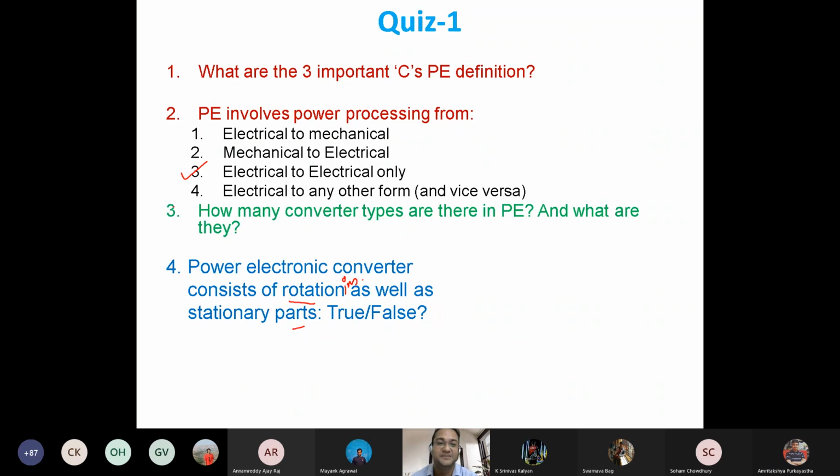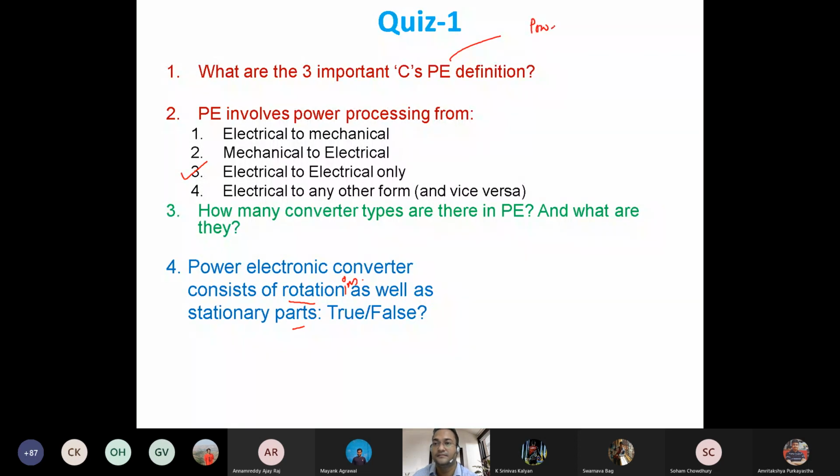Okay. Question number 3. How many converter types do you have in power electronics? By P, I always mean power electronics.